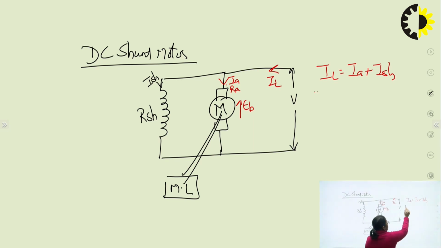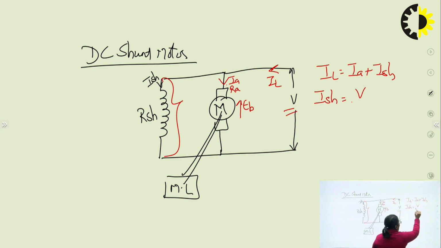Once again, ISH. How can I give the expression for ISH individually? What is the voltage across this RSH? That is nothing but V. So ISH is equal to V upon RSH. Now, what is the relationship between this back EMF and this voltage? If I just see the polarities, this is positive, negative. The current is getting in. And then once again, the drop, positive, negative.